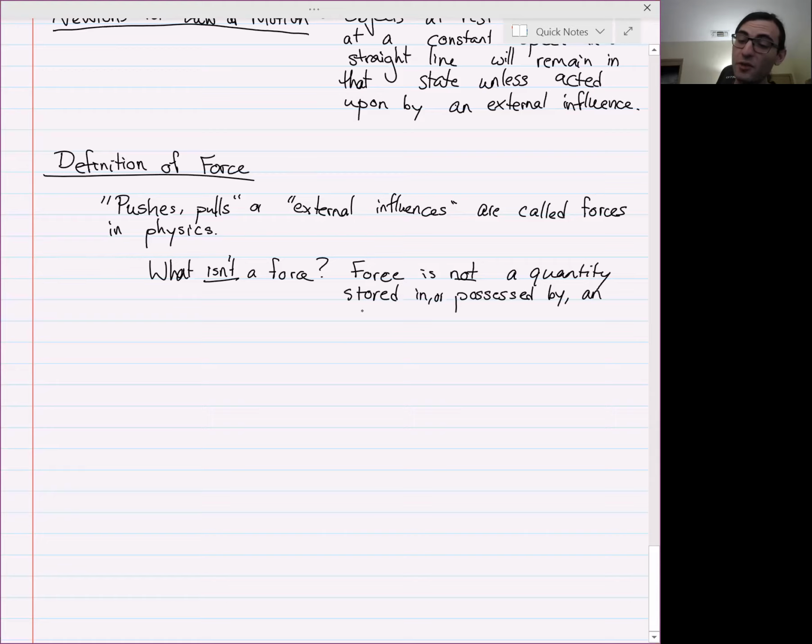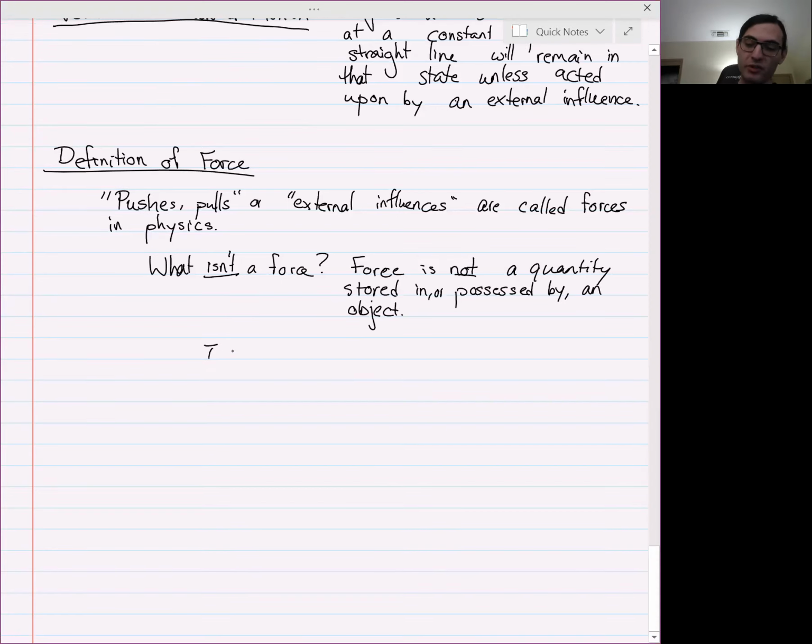So I never want to hear any of you say or write, this thing has this much force. It's a nonsense phrase. Specifically, things don't have force, nor can things, quote unquote, transfer force.